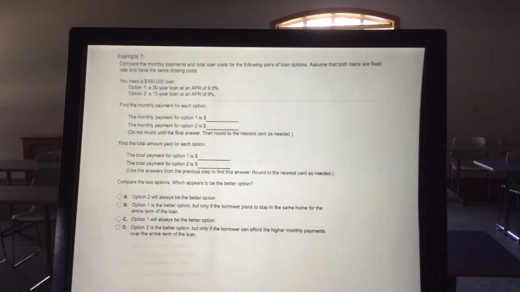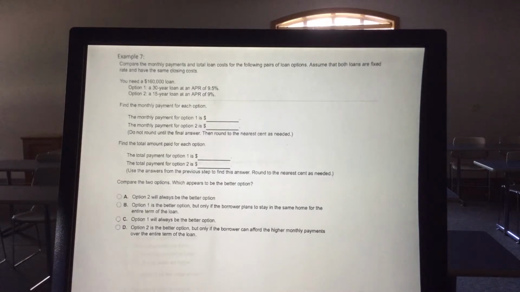All right, you want to compare monthly payments and total loan cost for the following pairs of loan options. Assume that both loans are fixed rate and have the same closing cost. Here you need a $160,000 loan. In option 1, it is going to be a 30-year loan at an APR of 9.5%.